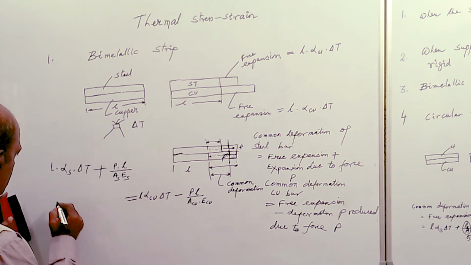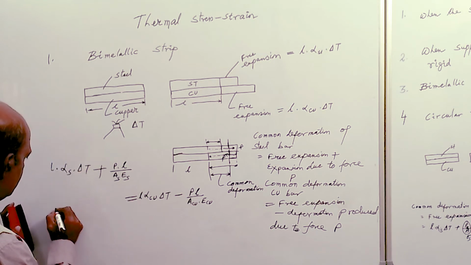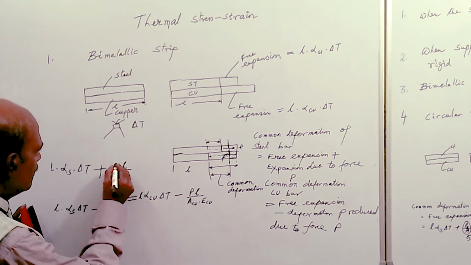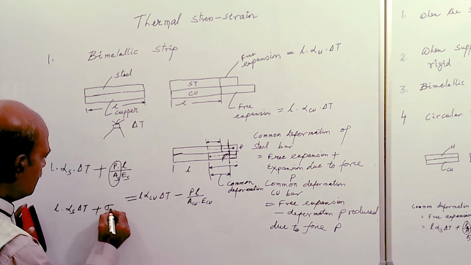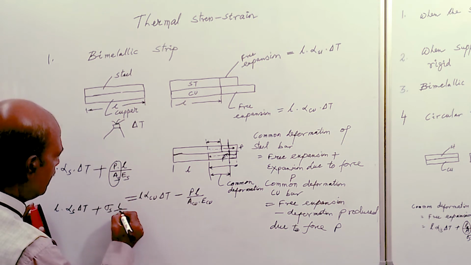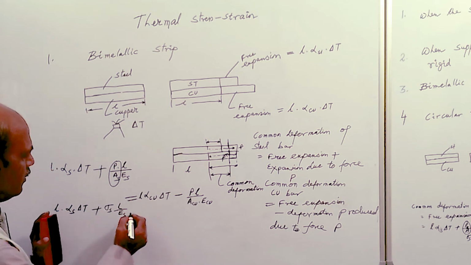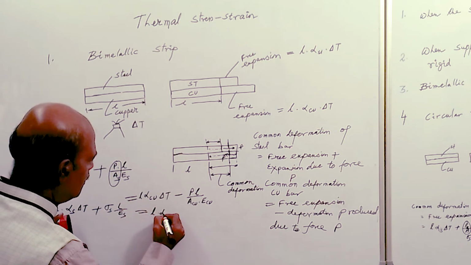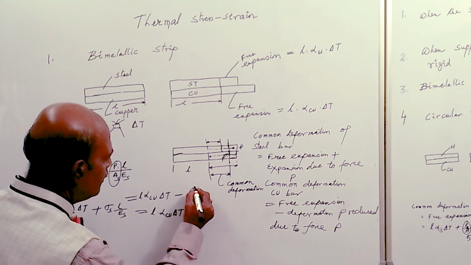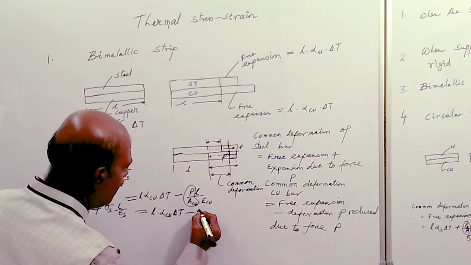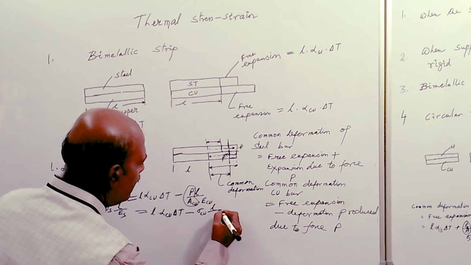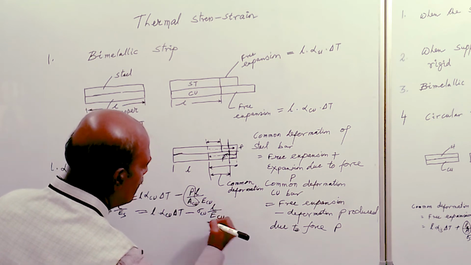So we can again reduce this formula: L into alpha S into delta T plus P by A S, which is sigma S, the stress developed in the steel bar, into L by E S, will be equal to L into alpha copper into delta T minus P by A copper, which is sigma copper, the stress developed in the copper bar, into L by E copper.